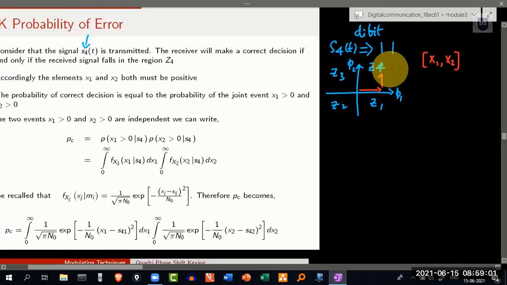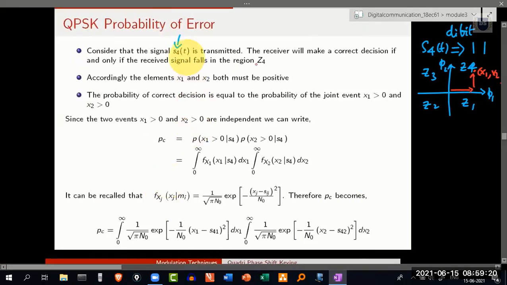Only then can our receiver correctly decode that message 1 1 was transmitted. So this accounts for correct decoding. Accordingly, the elements x1 and x2 both must be positive.